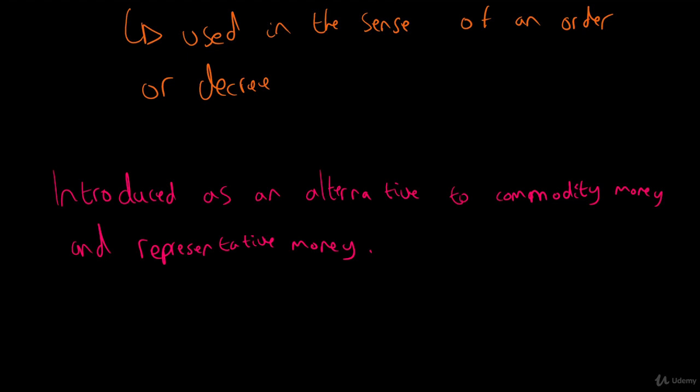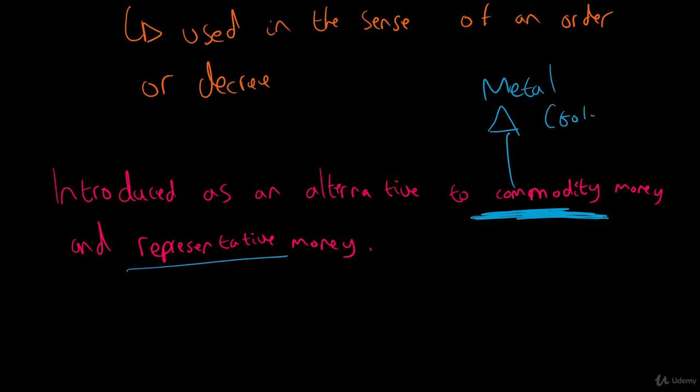I'm sure you've heard of both of these words, but I'm positive that you've heard of the word commodity when it comes to currency and just economics in general. And a commodity-based money is essentially a money that is based on an actual physical material, a commodity. So historically it's been metal-based. So gold, for example, silver, for example.